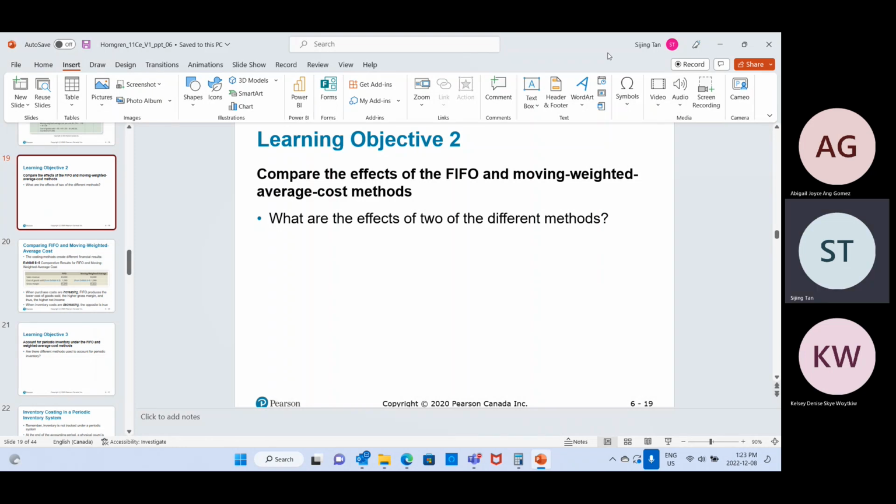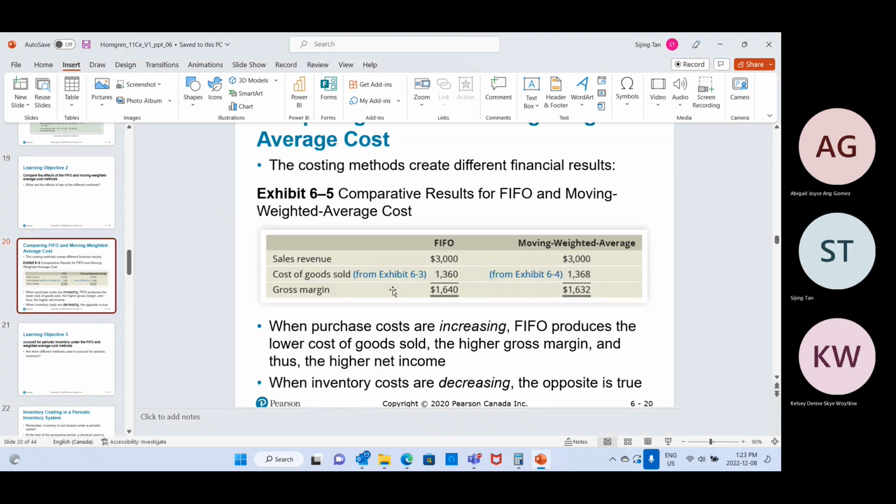So next, we're going to look at the effects of the two different methods. We just quickly did a comparison, right? The two different methods create different financial results. We could see the cost of goods sold under FIFO is 1,360, and under the weighted average 1,368.